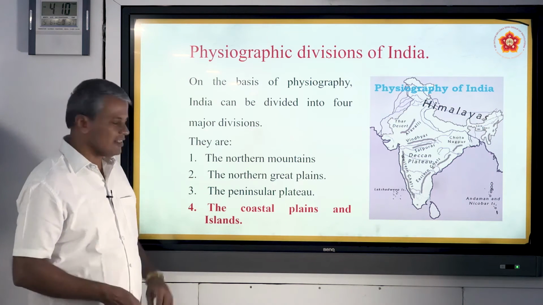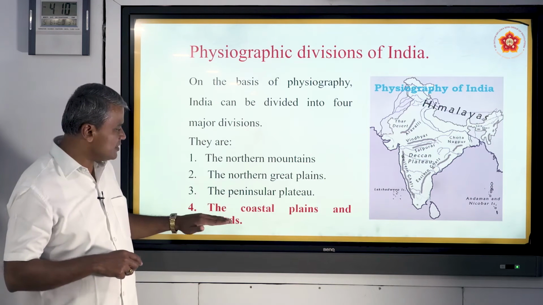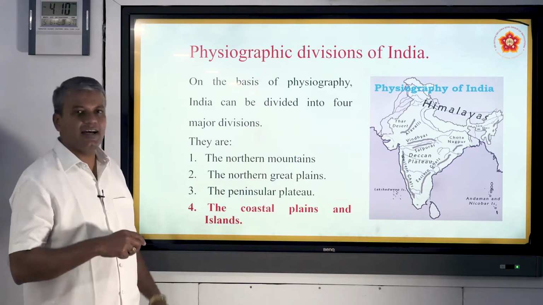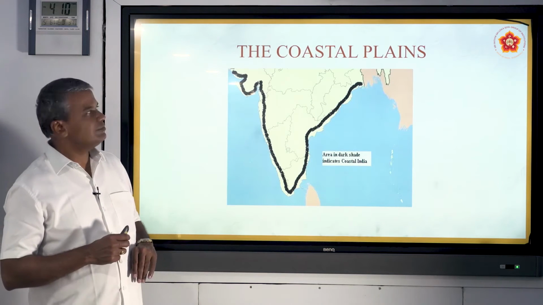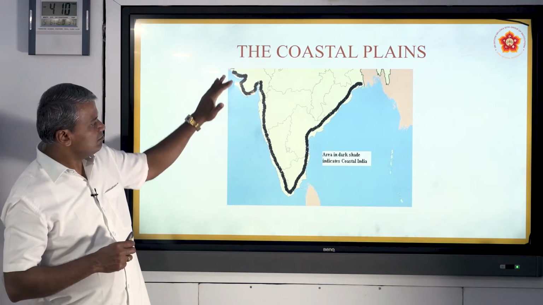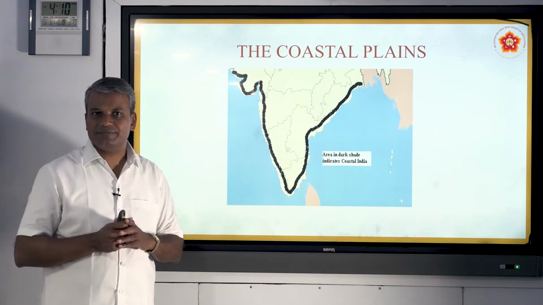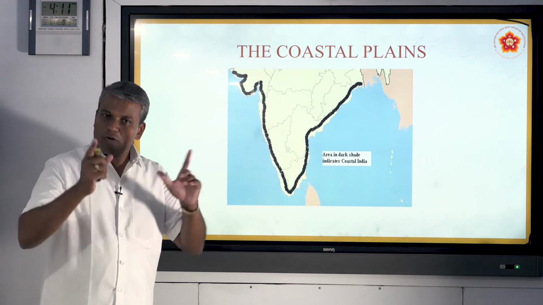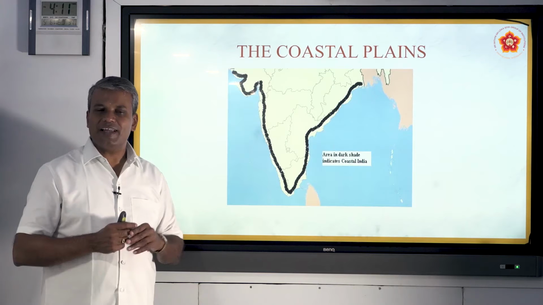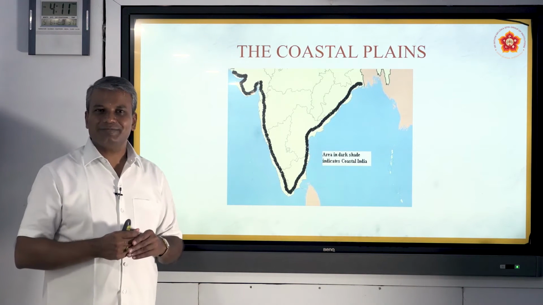Now let us discuss the fourth important physiographic division of India, that is the coastal plains and islands. So look at the map. The coastal plain. You know that in the first chapter we have discussed, India has got two frontiers, land frontier and water frontier.